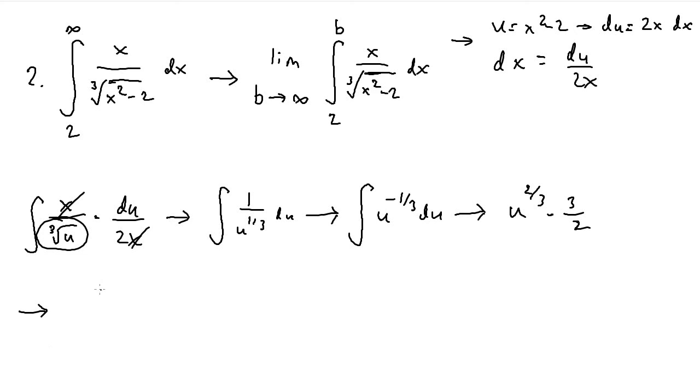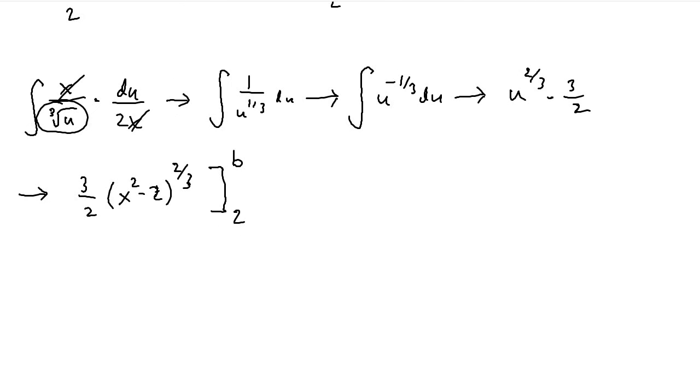So the integral will be 3 over 2 times u, which is x squared minus 2, to the 2/3 power. And I can put it in my bracket and insert the bounds, which go from 2 to b. In order to evaluate this, I can just isolate the 3/2 and keep it outside.